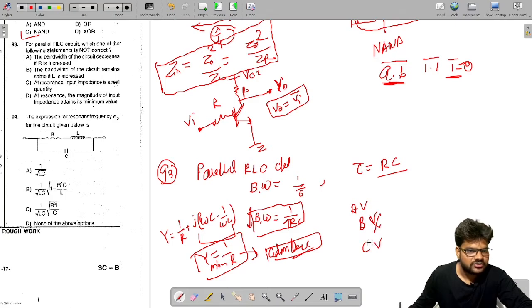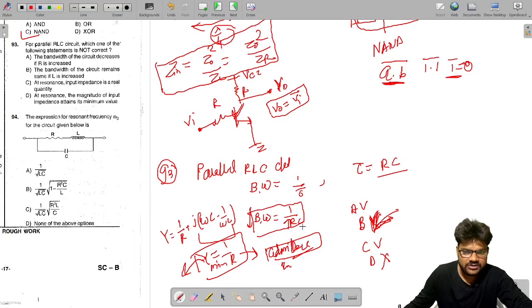And next is, at resonance the magnitude of input impedance attains its minimum value. No, admittance attains minimum value, but impedance is maximum. So D option will be wrong. B option is correct. Why is it correct? The bandwidth of the circuit remains the same if L is increased.